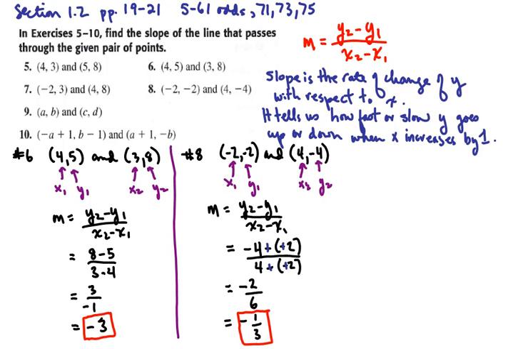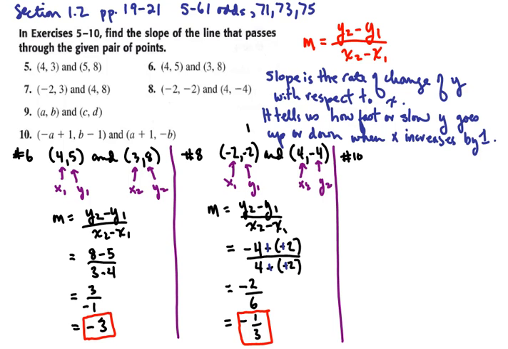What that means is that when x goes up by 1 unit, y is going to go down by 1/3 of a unit. In the previous example, when x increased by 1 unit, y decreased by 3 units.